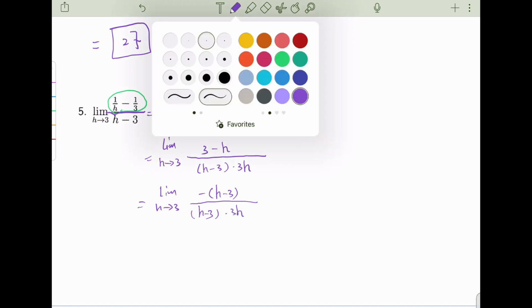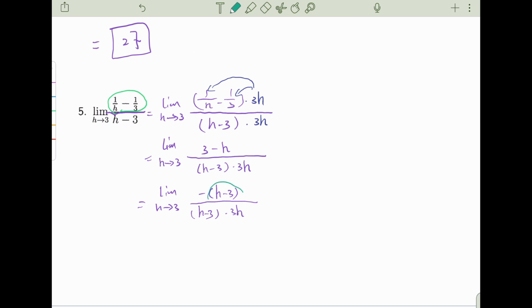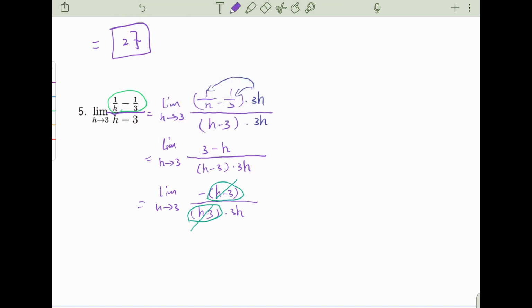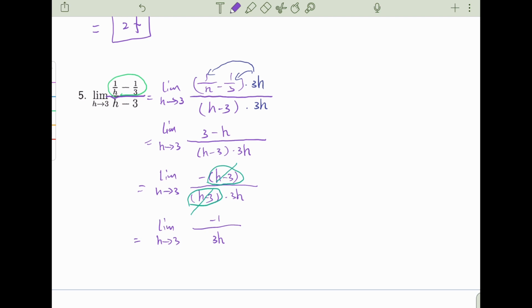Now I cancel this h minus 3, and I'm left with a negative 1 on the top and the 3h in the bottom. And I no longer have 0 factors, so I can just plug in, right? Plug in 3. And the final answer is negative 1 over 3 times 3, which is negative 1 over 9.